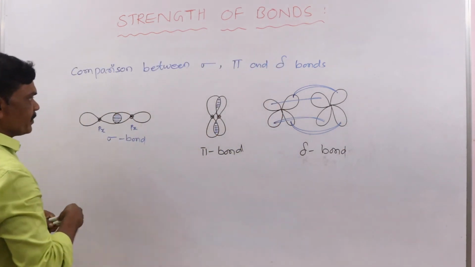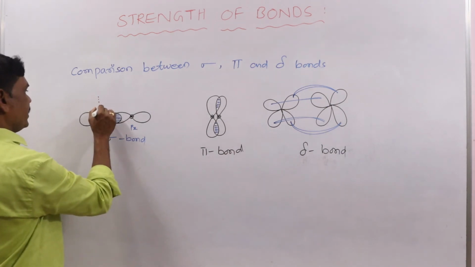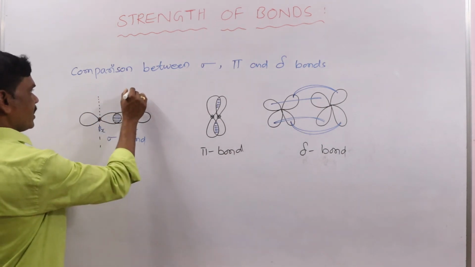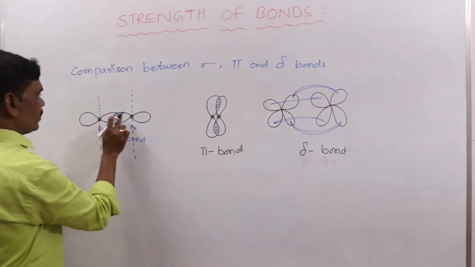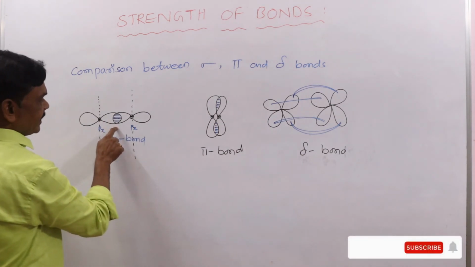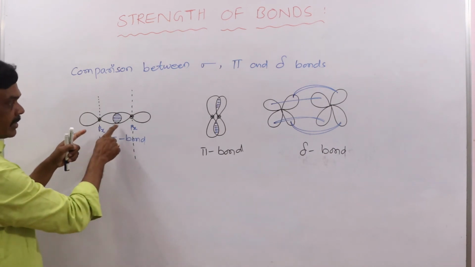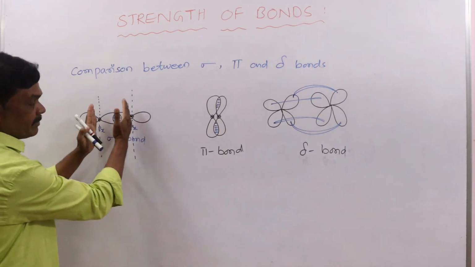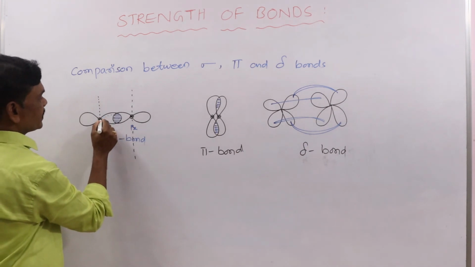So now you see, in case of sigma bond, the distance between the two nuclei is more, and the electron cloud density is exactly located between the two nuclei.